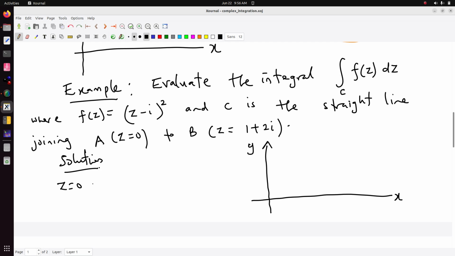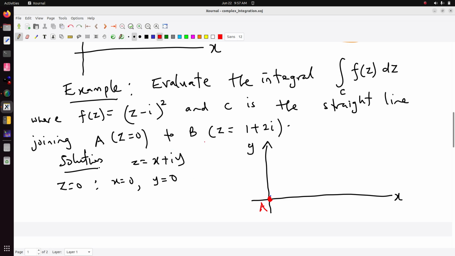What does that mean? It means x is 0 and y is 0, because z is x plus iy. So this point is 0, 0, and this is point A.